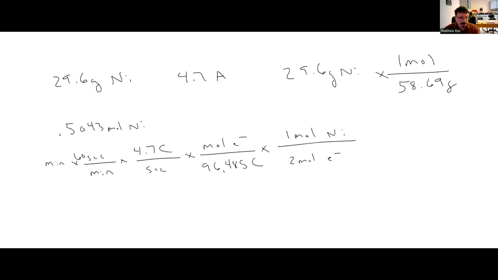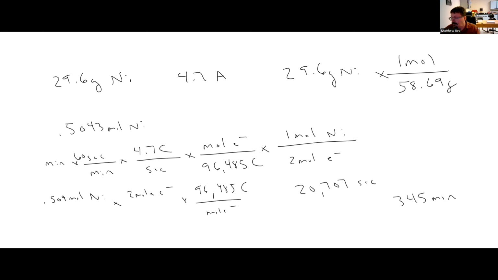So if we take that, 0.504 moles of nickel times our 2 moles of electrons means we're going to have about a mole of electrons, which is going to give us 96,485 coulombs divided by 4.7 amps gives us 20,707 seconds, and then divide that by 60 to get minutes, should be 345 minutes, which is about 350.